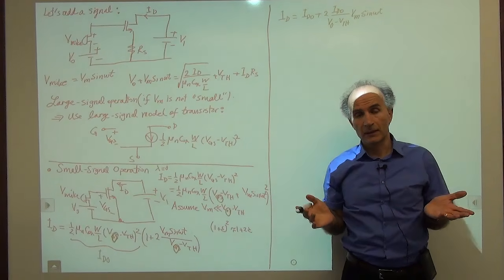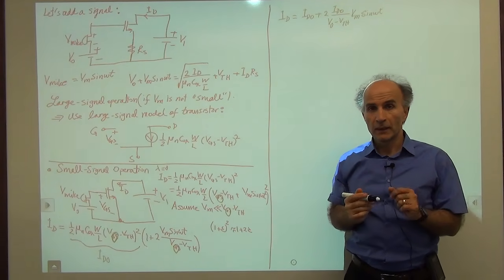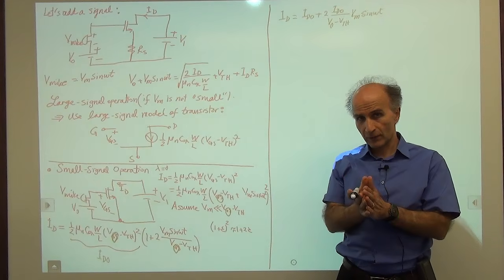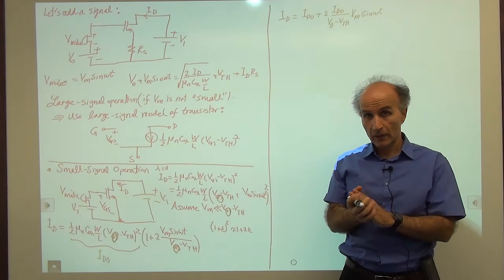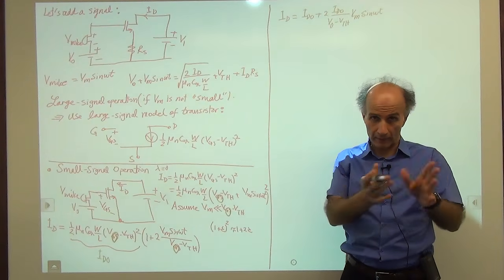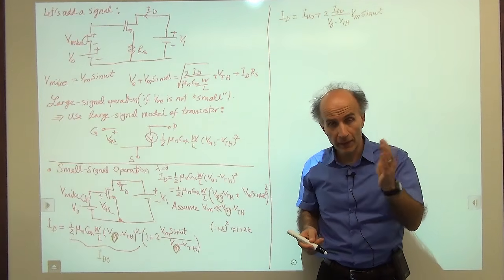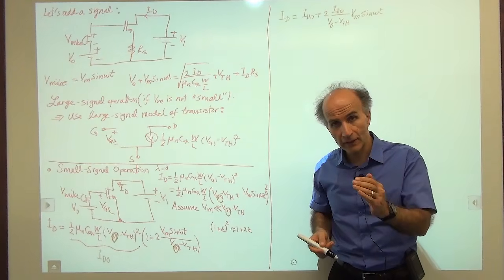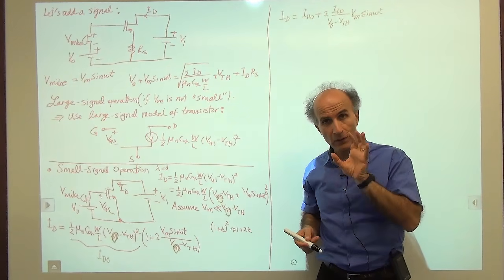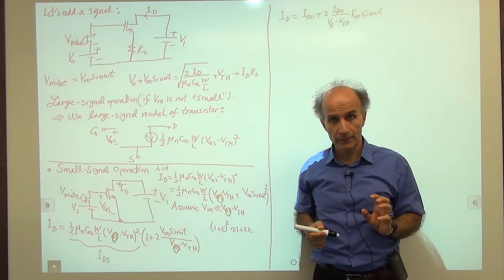So now that's not surprising. What we got is the following. The total current that flows through the transistor, ID, is equal to the bias current, of course we have a bias current, plus the signal current. The signal current is the perturbation created in the current when the signal comes in and is applied to the gate source, right?